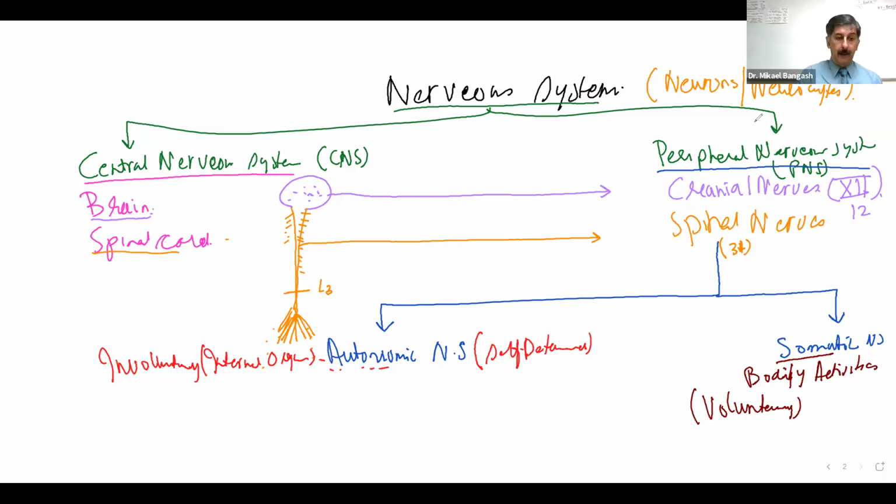The main two divisions of your autonomic nervous system are primarily what we call the sympathetic nervous system. If you guys remember this one from when we talked of the heart, that is just fright, flight, and fight.